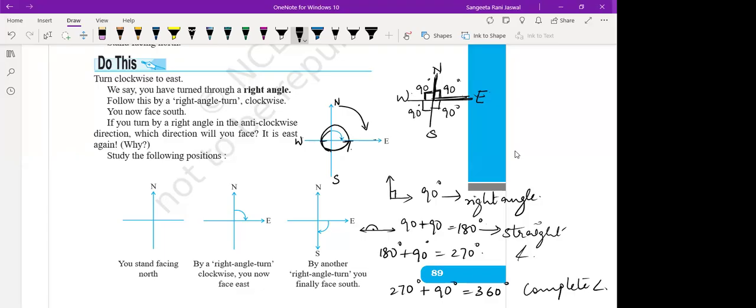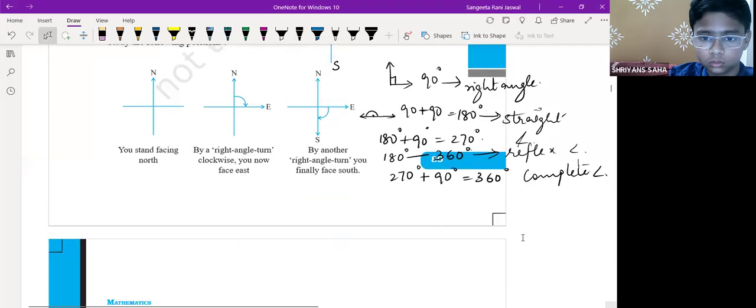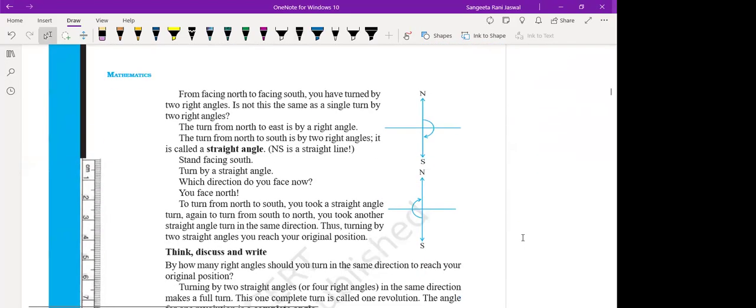But the angle which is greater than 180 and less than 360, that means in this lower part, is called a reflex angle, right? So angles between 180 and 360 are called reflex angles, right? Are you understanding?